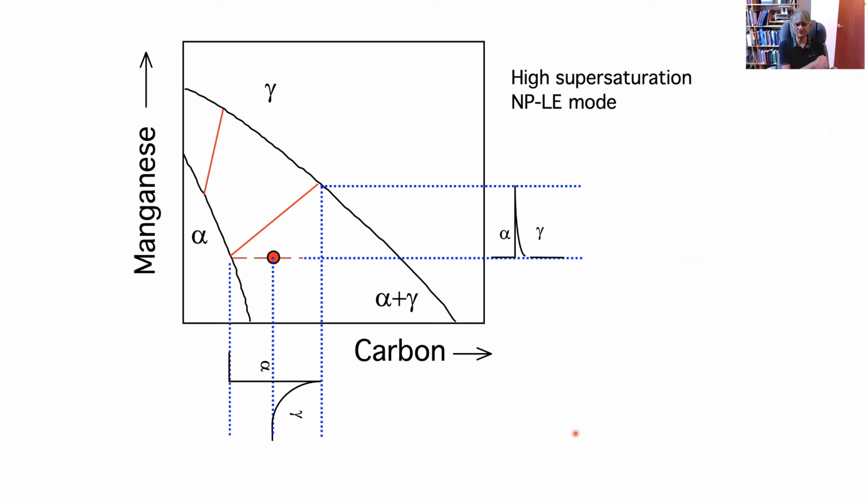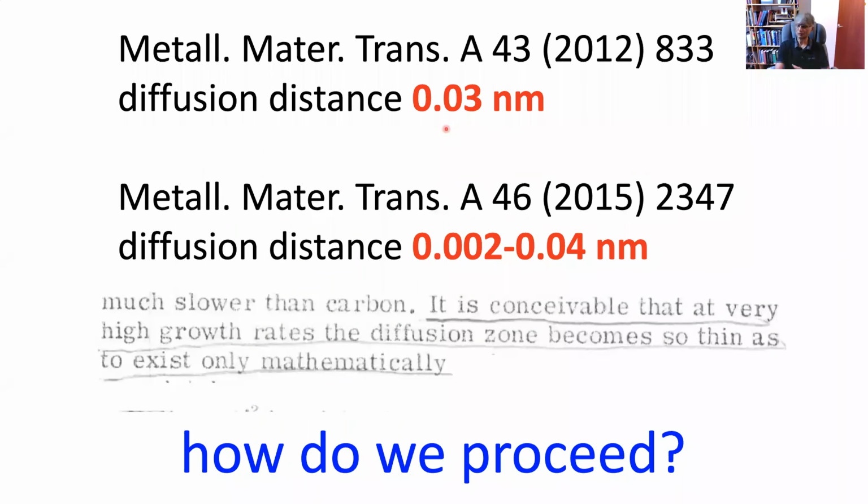So it's very easy to do these calculations even for a multi-component system with more than 3 elements. The trouble, and this is the major problem, is that if you calculate this distance here, the diffusion distance delta Z, which I illustrated earlier, it's ridiculously small.